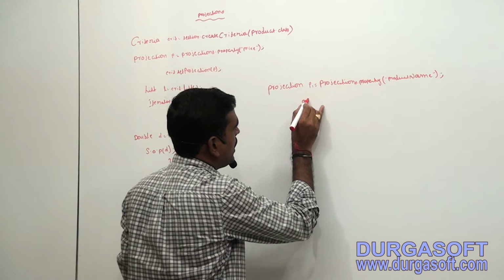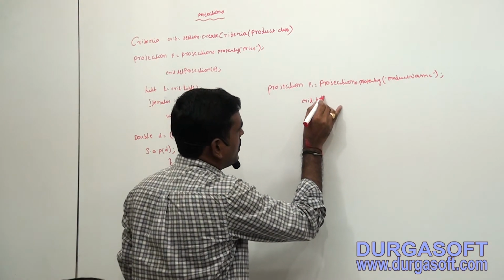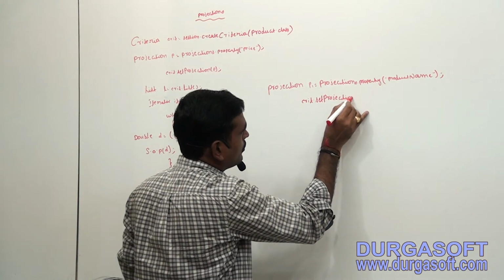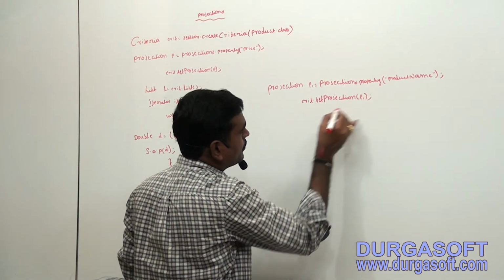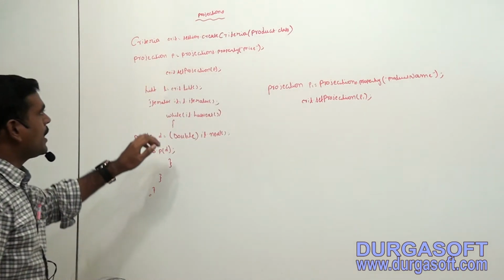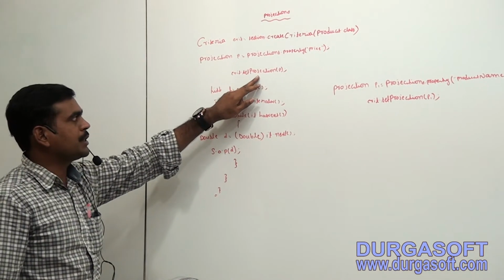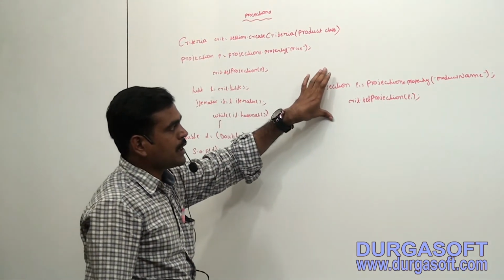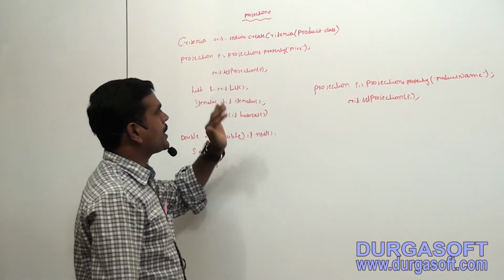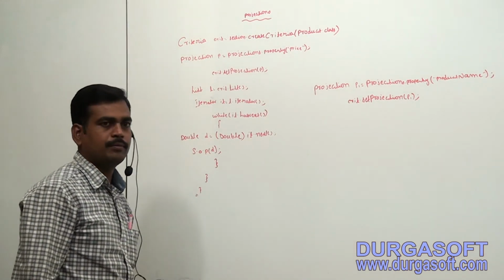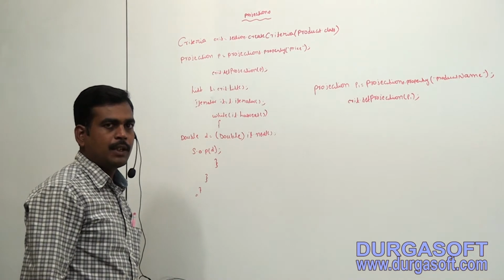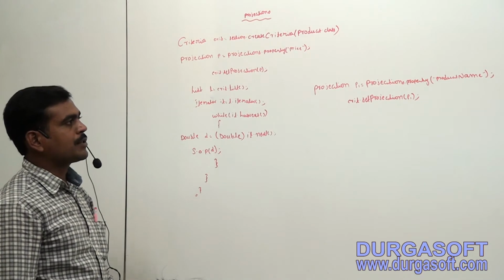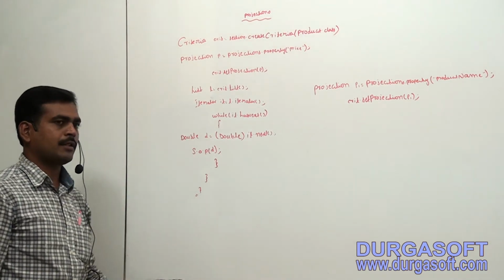Like this, crite dot setProjection P1. Already I added one projection object to this criteria. Now whenever we add another projection object to this criteria, the first one is overridden by the second one, and the second one is going to be displayed according to our logic.